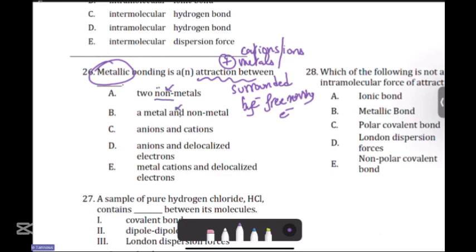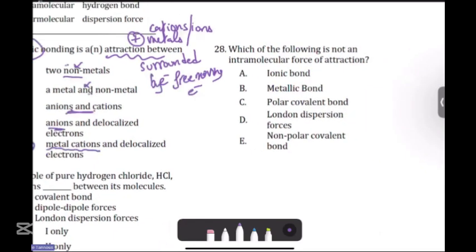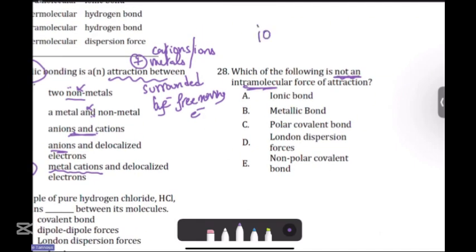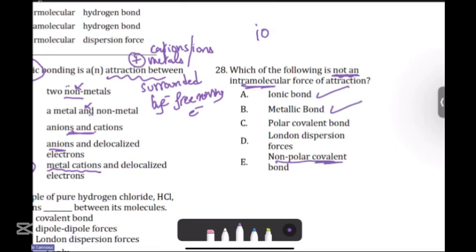That's covalent, that's ionic again, this one. No, it's not anion and delocalized electrons, it's metal cation and delocalized electrons. Which of the following is not an intramolecular force? Intramolecular forces are ionic, metallic, covalent. So London dispersion forces is not an intramolecular force.